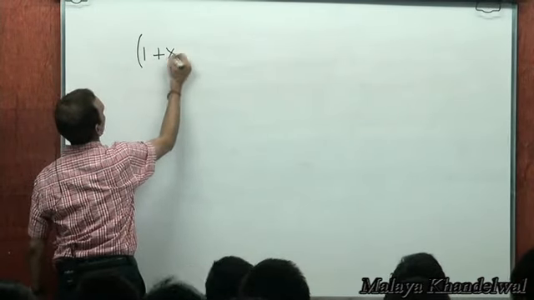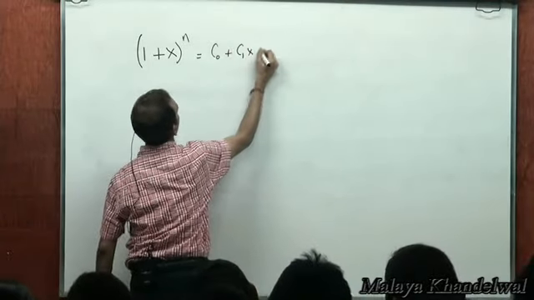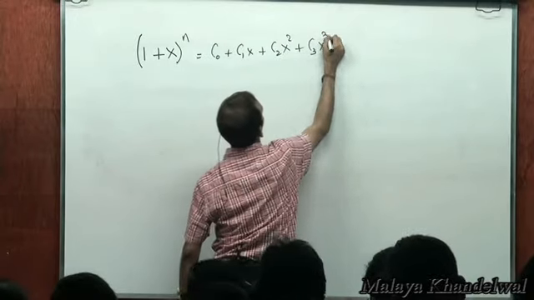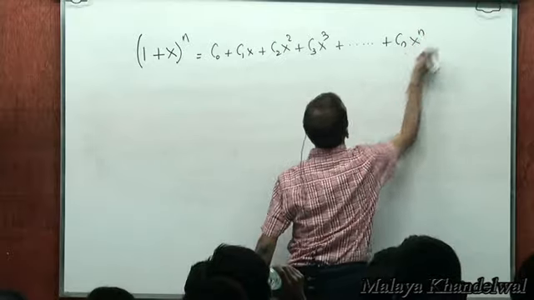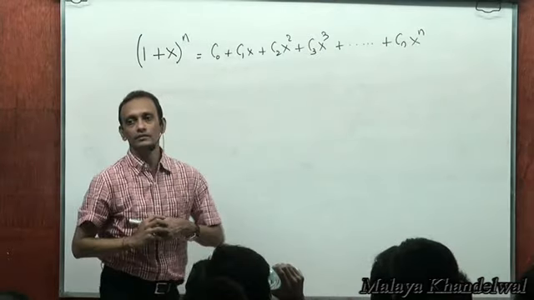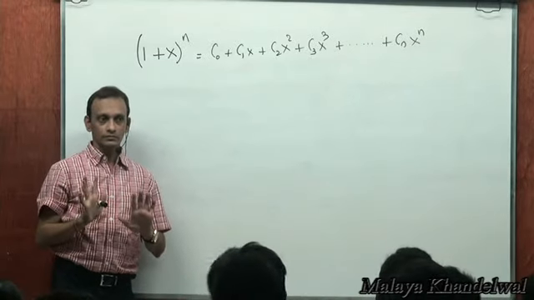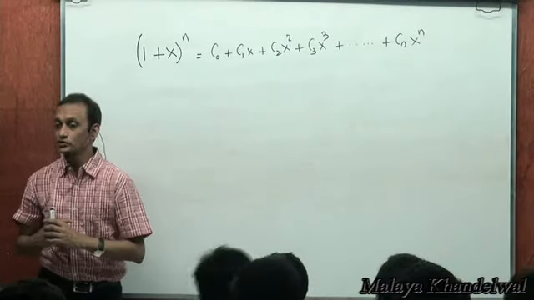See, (1 + x)^n is C0 + C1x + C2x² + C3x³ + ... + Cn x^n, right? Isn't it? Differentiate both sides with respect to x.